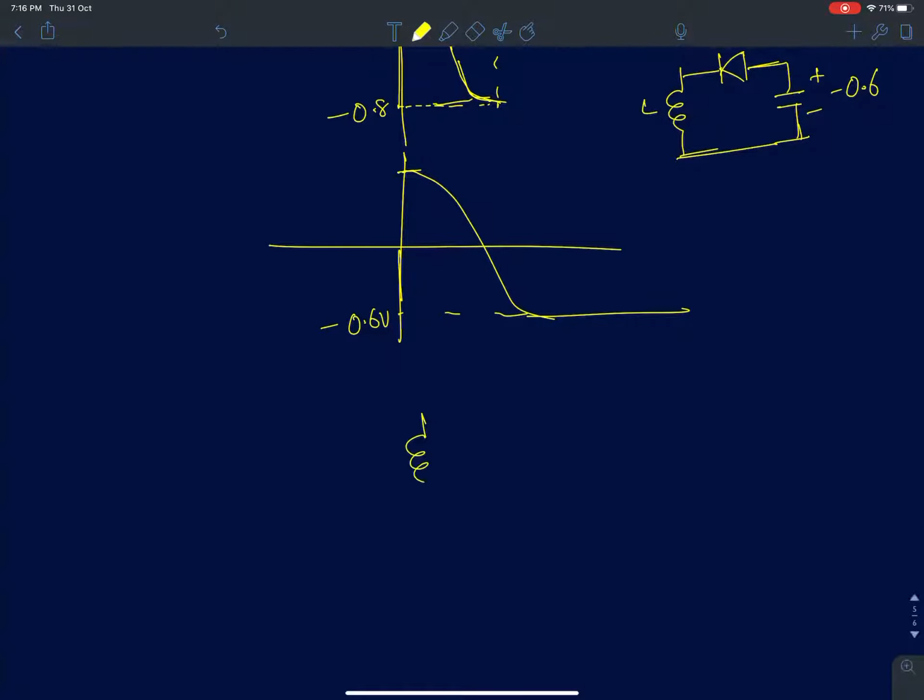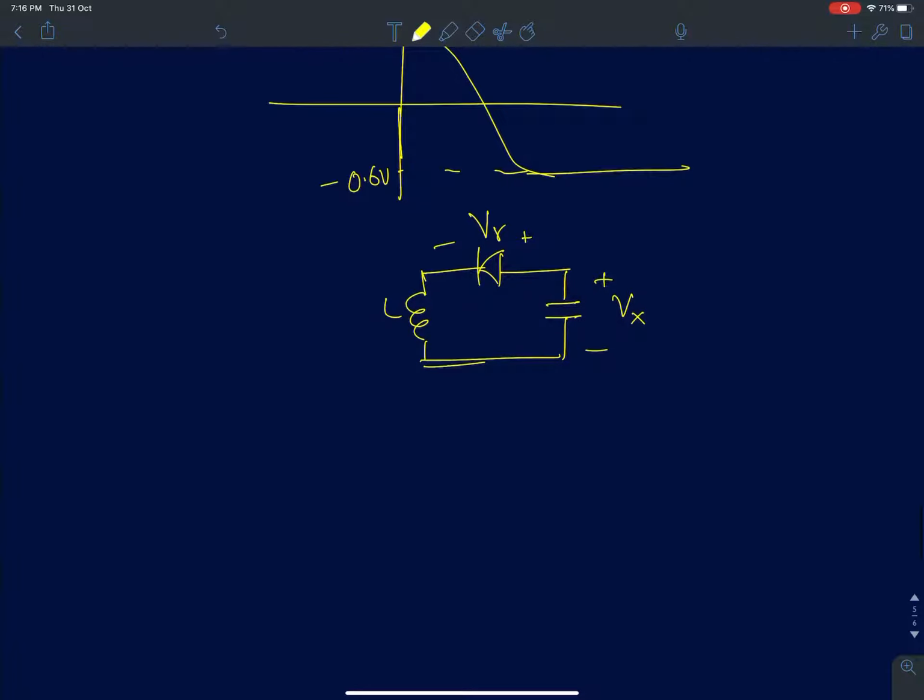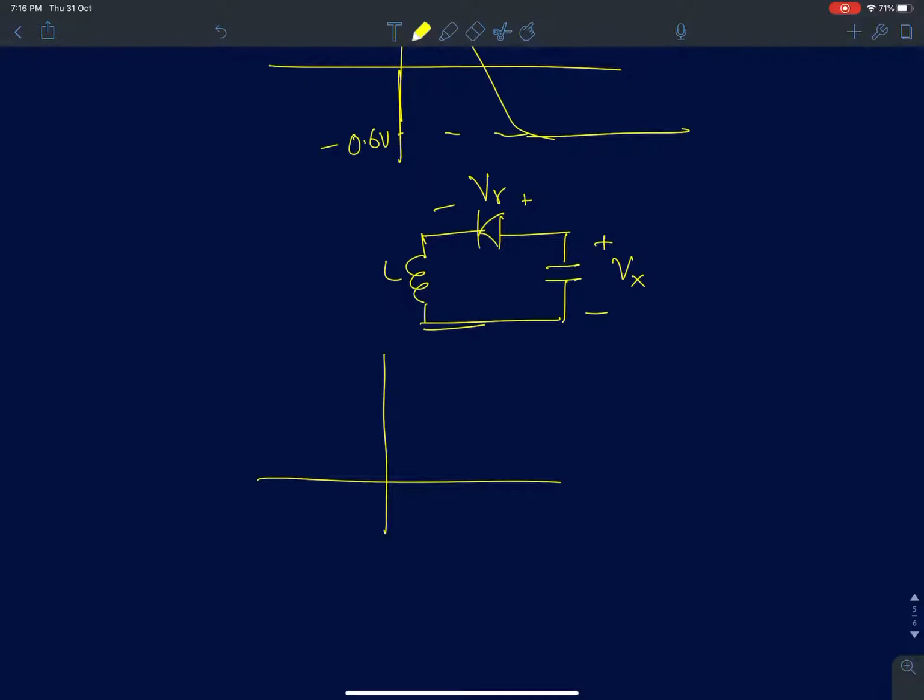So if I assume any general V gamma, and then I start from an initial condition of Vx across this, then the voltage across the capacitor will start from Vx. I can plot first the voltage across the inductor.